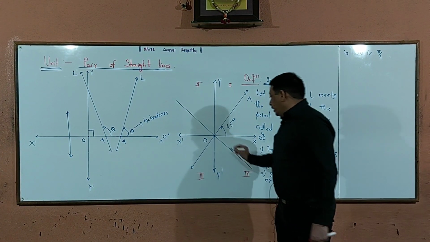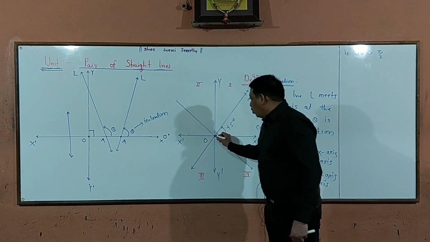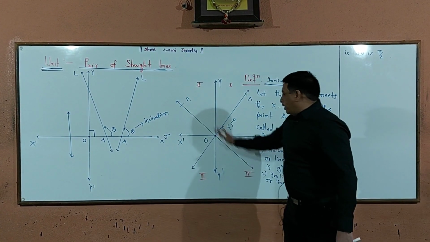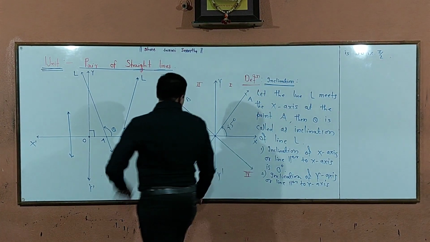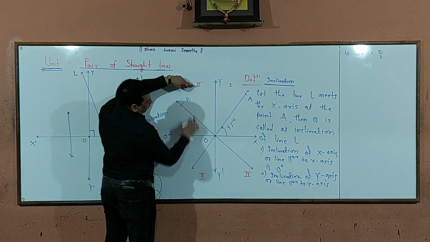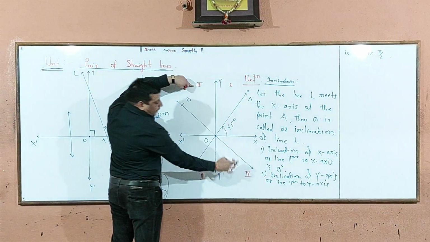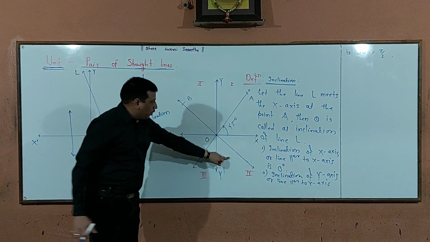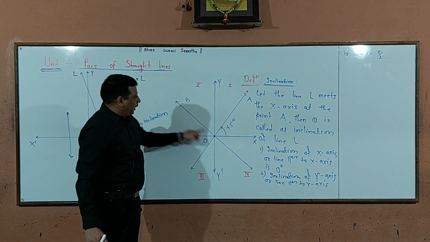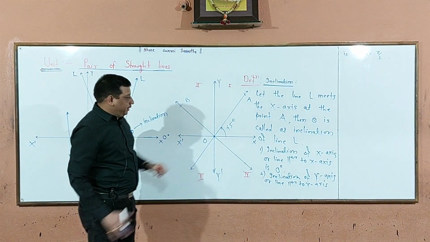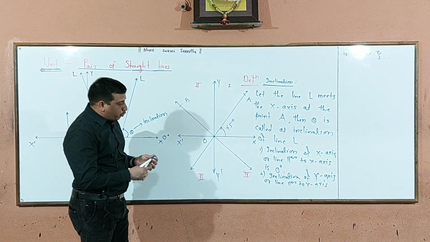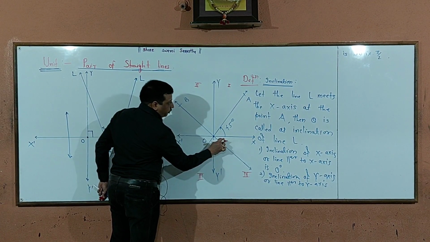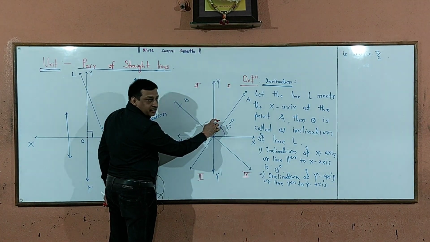Then find the inclination of the line OB, bisecting the angle between the second and fourth quadrant. From the x-axis at 0, the y-axis is at 90.